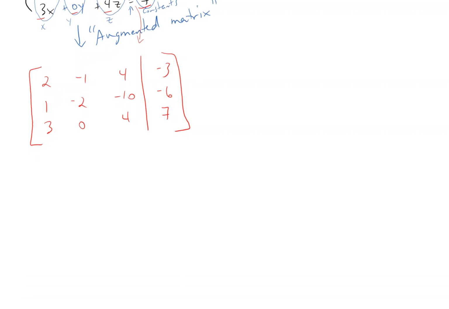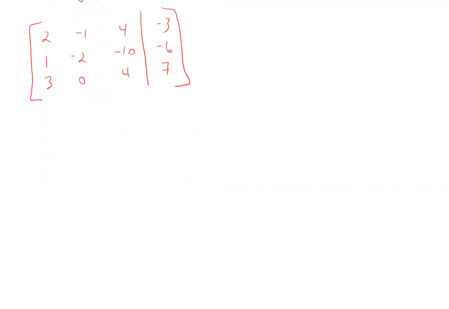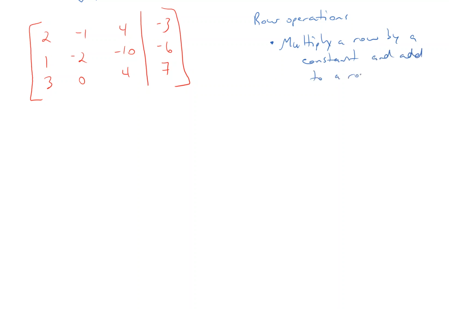Now to solve the system, all we have to do is do what are called row operations on this matrix. Just like when you solved systems, you can multiply a row by a constant, not 0 of course, and add it to a row.